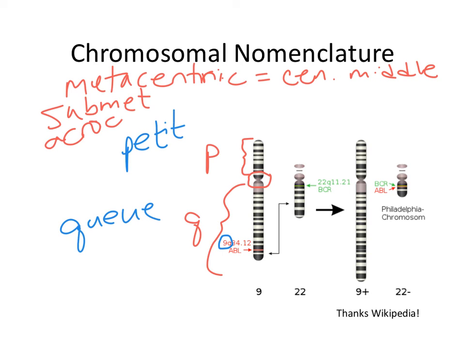So if these aren't familiar to you, I suggest looking in the textbook just to read the definitions of these. If the centromere happens to be at the telomere, that is, there's a telomere and there's a centromere and they're right next to each other, what sort of centricity is that called? Telocentric.